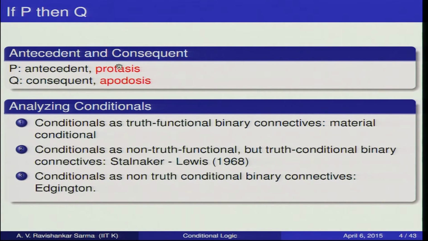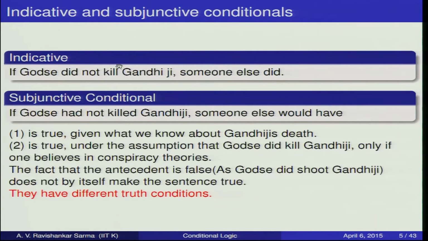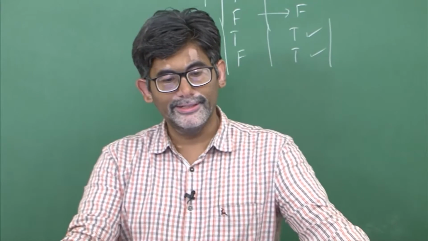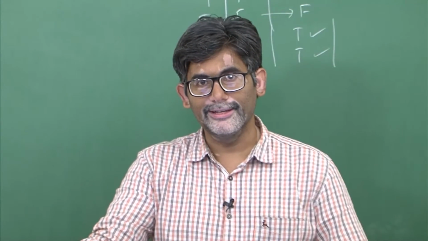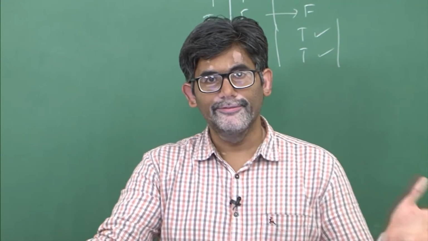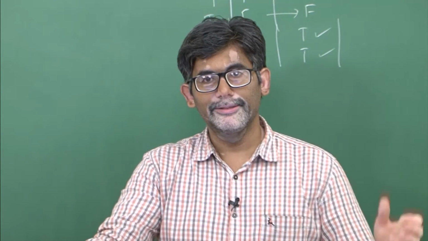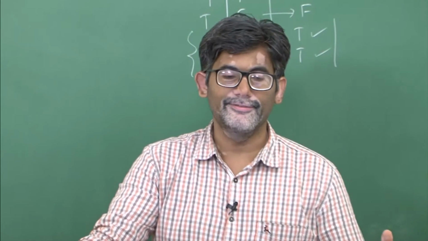There is a third view which we are not going to talk about, at least in this lecture: conditionals are treated as non-truth conditional binary connectives, and this is the view taken by another logician, Dorothy Edgington. Coming back to the issue of conditional sentences, they all have a structure, if P then Q, where there is some kind of relationship between the antecedent and the consequent.